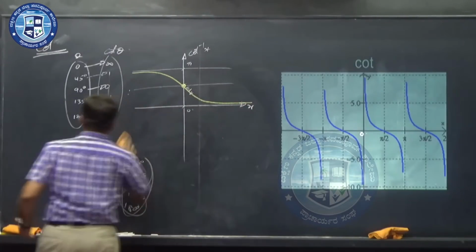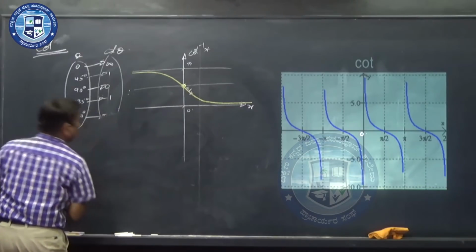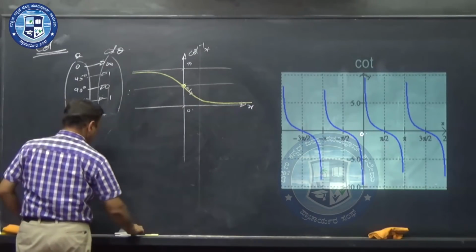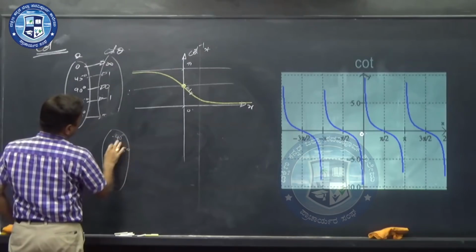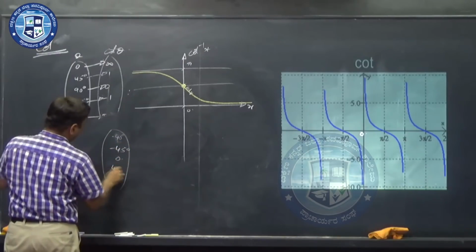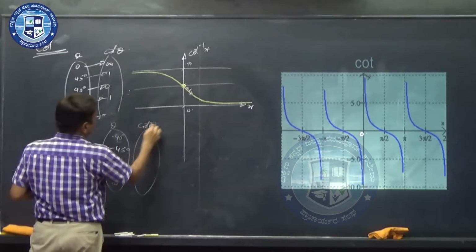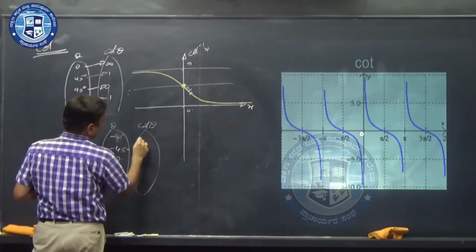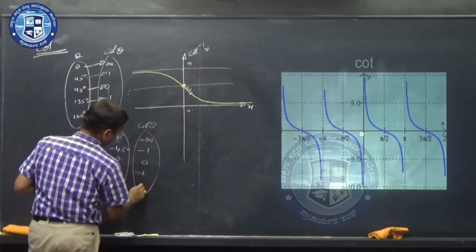On the other hand, why not consider between minus pi by 2 to plus pi by 2? Look at this. Minus pi by 2 means minus 90, minus 45, 0, 45, 90, and this is theta, this is cot theta. This is minus infinity, minus 1, 0, plus 1, plus infinity.